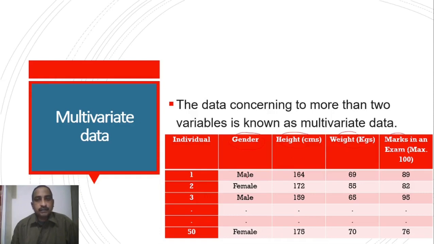First individual, male, height 164 centimeters, weight 69, marks in the class test out of 100 are 89. Second individual, female, height 172 centimeters, weight 55, and marks 82. The last individual is female, height 175, weight 70 kgs, and marks 76. Here we consider more than two variables, so such data is multivariate data.